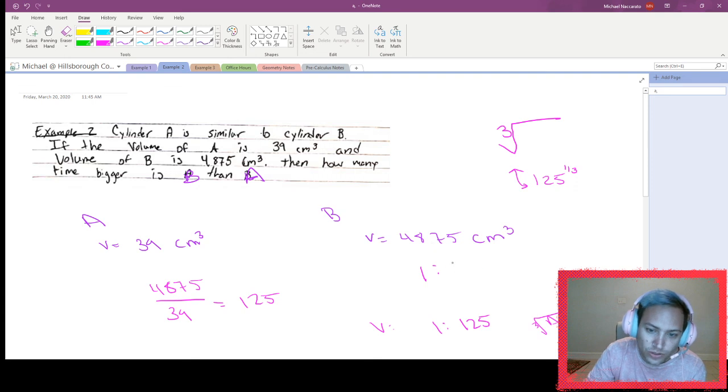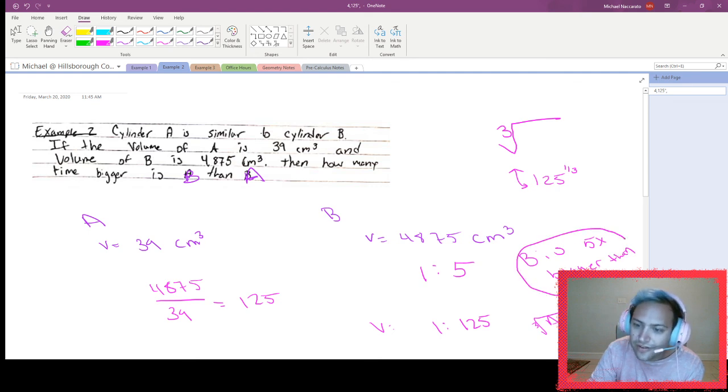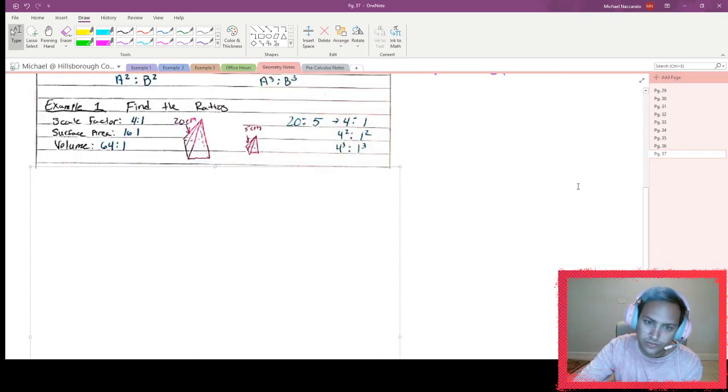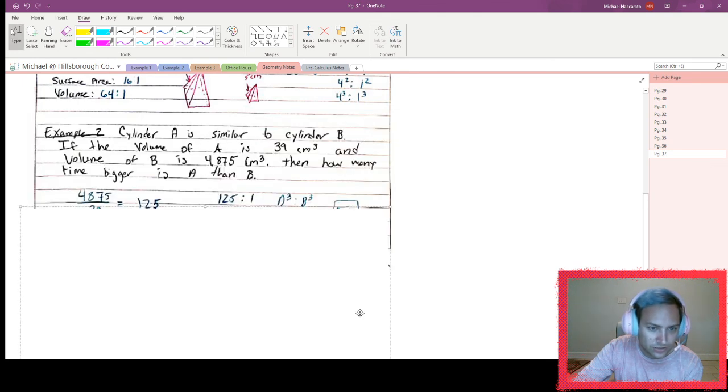So the cube root of 125 is 5, which means that B is actually 5 times bigger than A. Not 125 times bigger, even though their volume looks like that. It's 5 times bigger. So here would be this example written out a little bit neater.